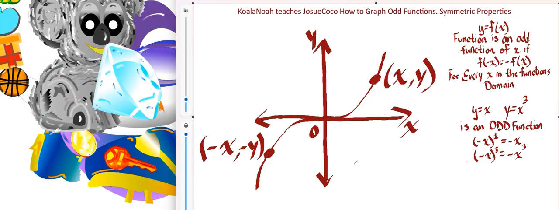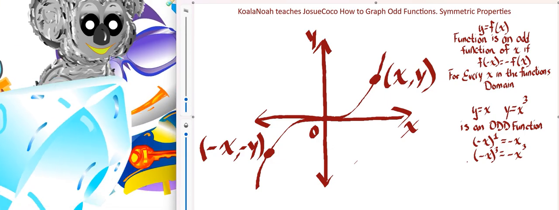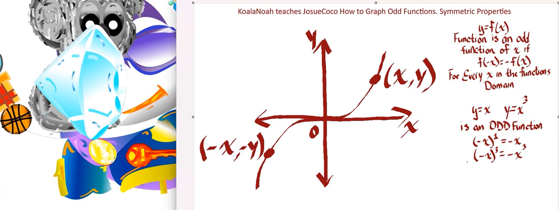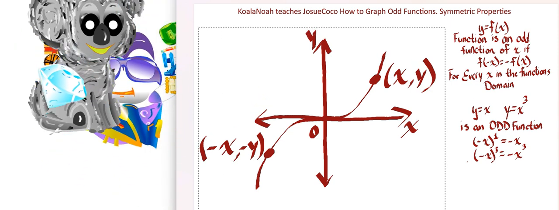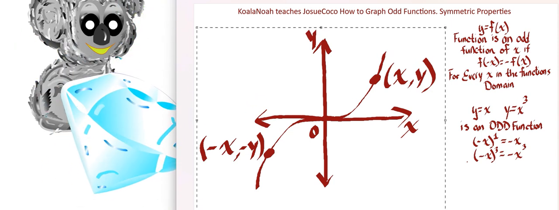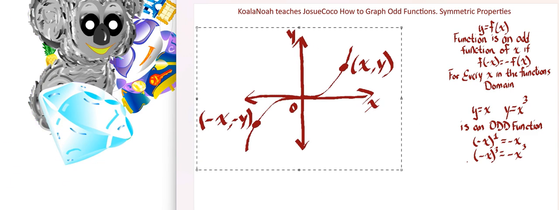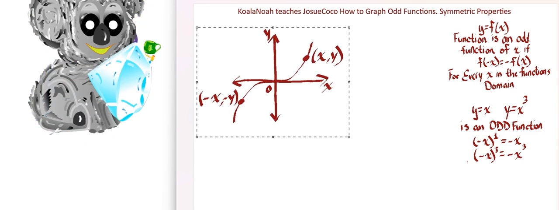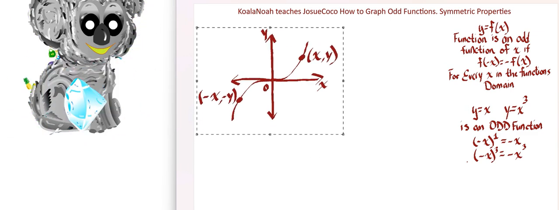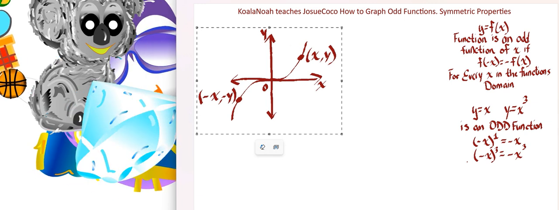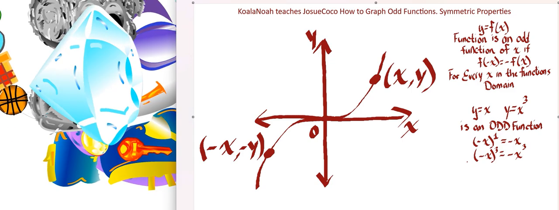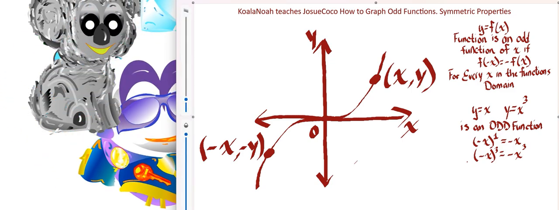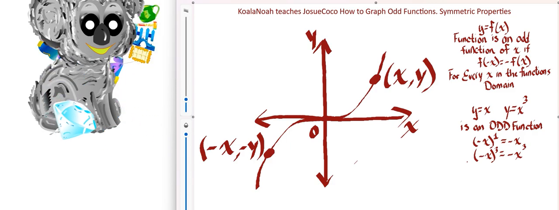We have successfully applied the shortcut. Now we're able to classify the symmetric properties.